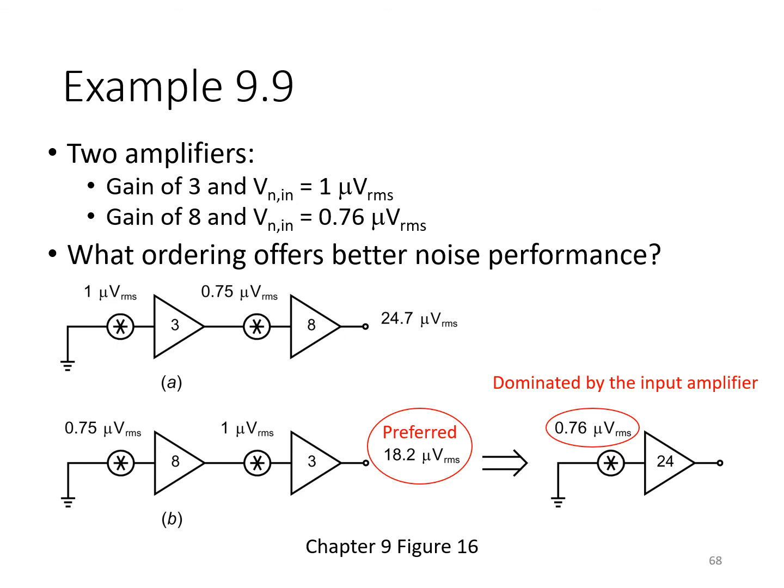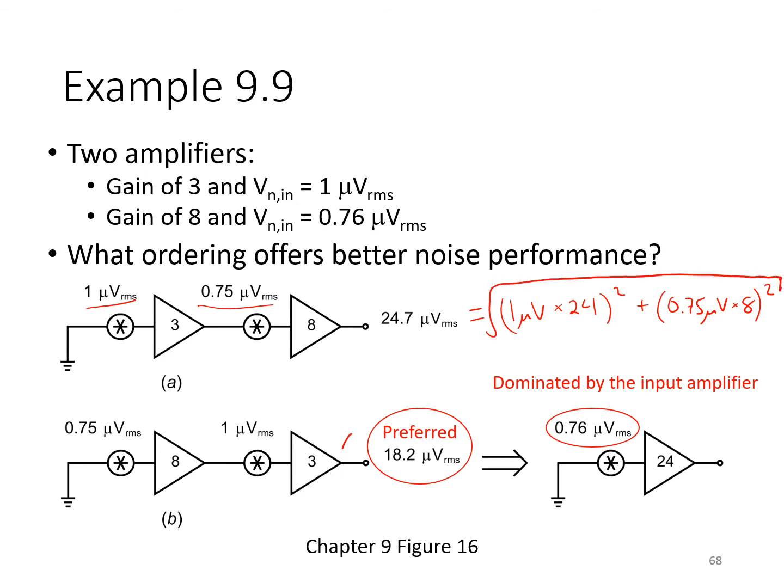So clearly this is not just 24 microvolts due to this one plus 0.75 times 8 microvolts due to this one. In fact, it's 1 microvolt times 24 squared plus 0.75 microvolts times 8 squared, and we take the square root of them all.